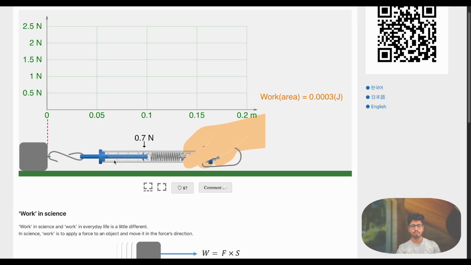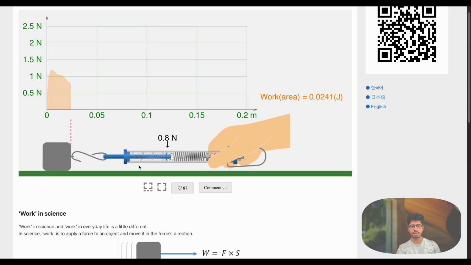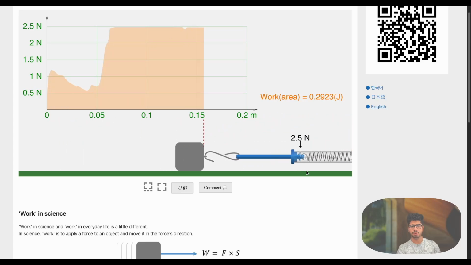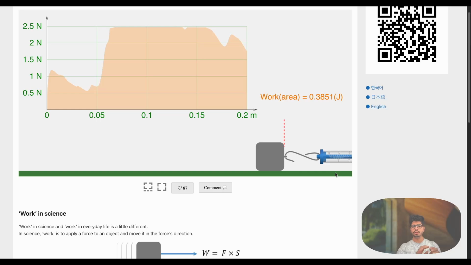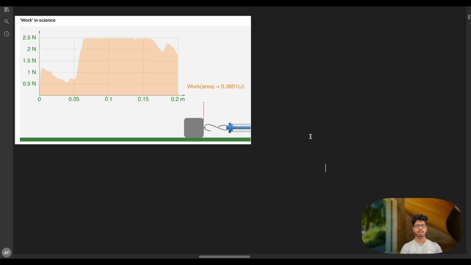As you can see, I'm applying some kind of variable force during that motion. To calculate that work done, I have to find this area. This is the force on this axis, this is the displacement on this axis. So how do we find the area under the curve?